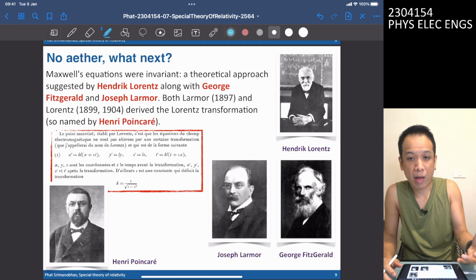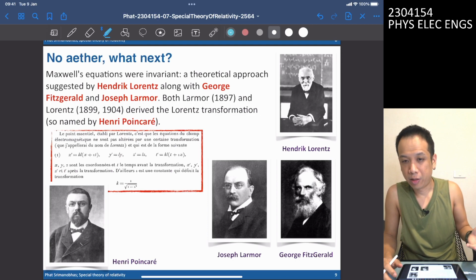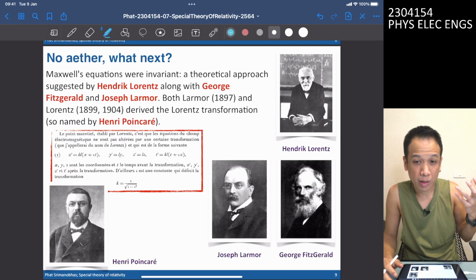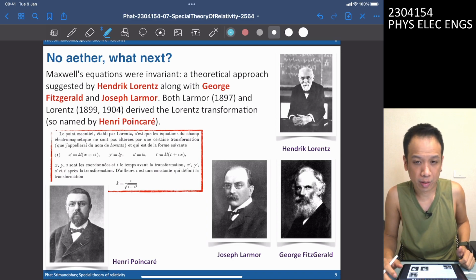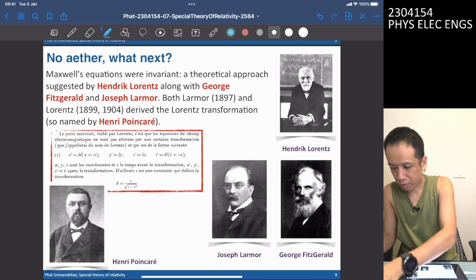Starting from Maxwell, doing the experiment by Michelson and Morley, trying to make an ad hoc assumption on the null result from the experiments, and you get the Lorentz transformations.